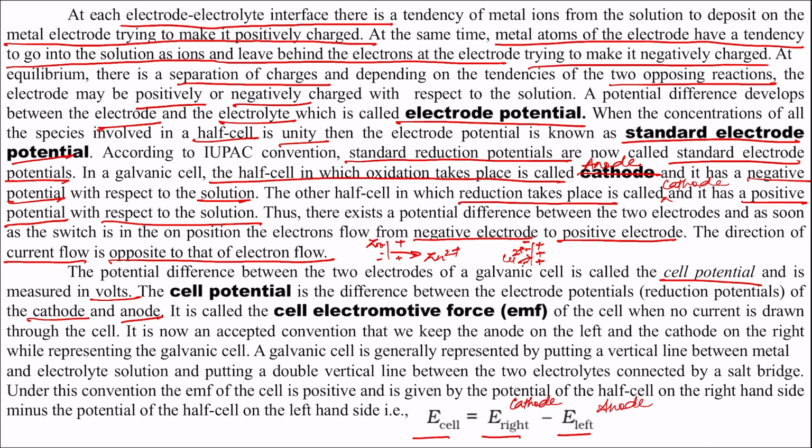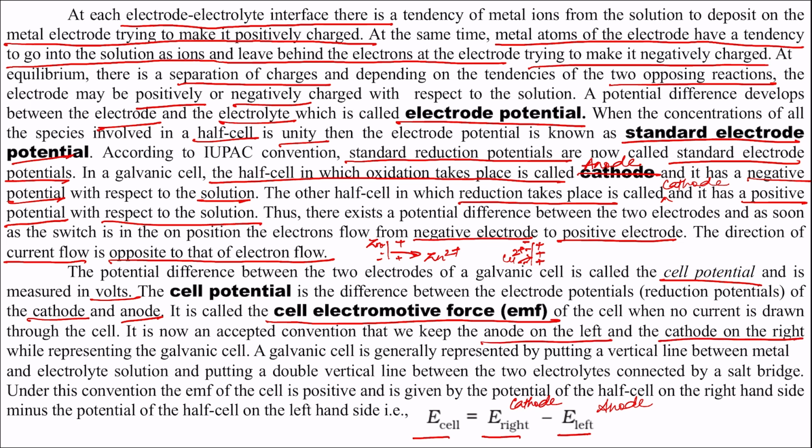So subtracting the reduction potential of the anode from that of the cathode will give the cell potential. If no current is drawn through the cell, then the cell potential is known as the cell electromotive force. While representing a galvanic cell, the anode is on the left-hand side and the cathode is on the right-hand side.